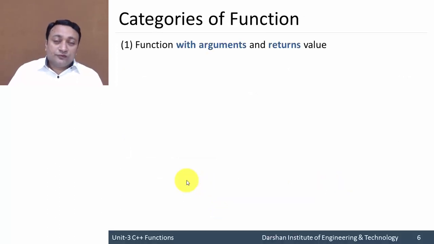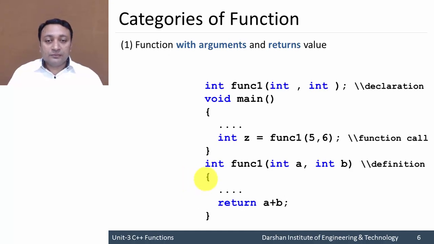So functions are categorized in four types, mainly four types. The very first category is function with arguments and returns value. So the structure will be like this. Function 1, I want to, let's say, use two arguments of type integer and it will return integer.